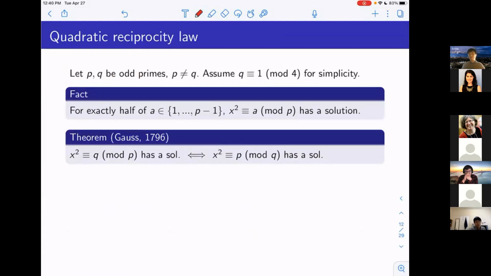The surprising theorem by Gauss says the following. It's really a fun theorem if you think about it. Recall that P and Q are distinct odd primes. Now, Q is a square modulo P if and only if P is a square modulo Q. This is surprising because this equation has little to do with that equation.